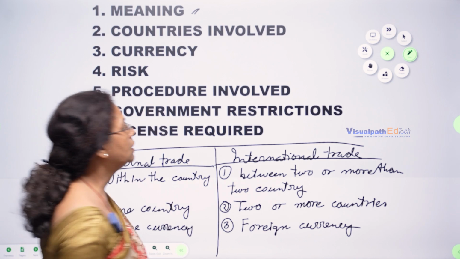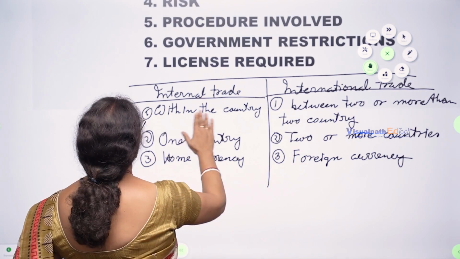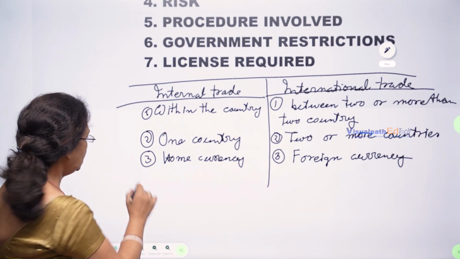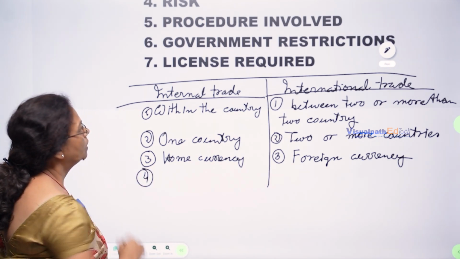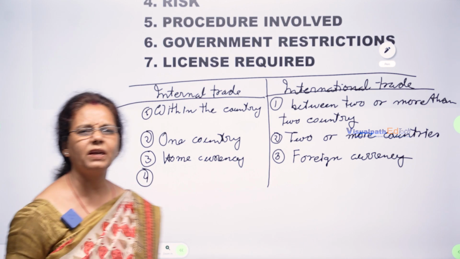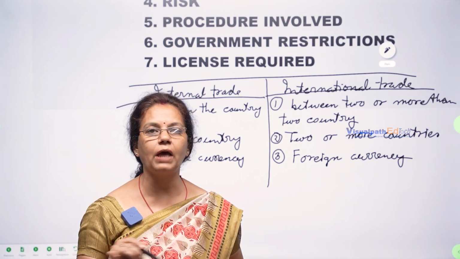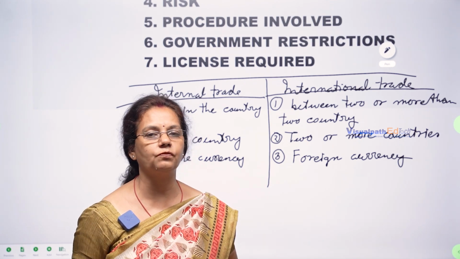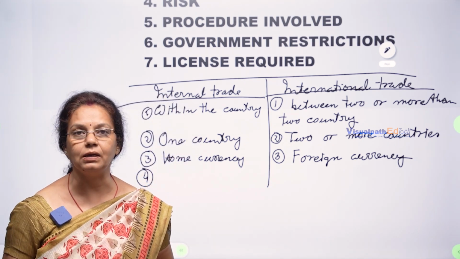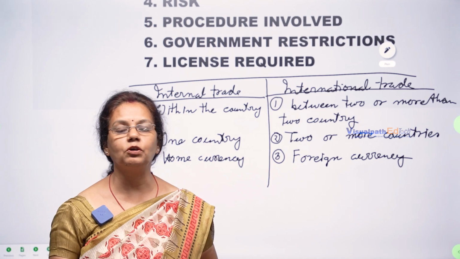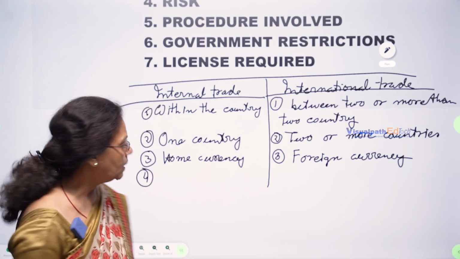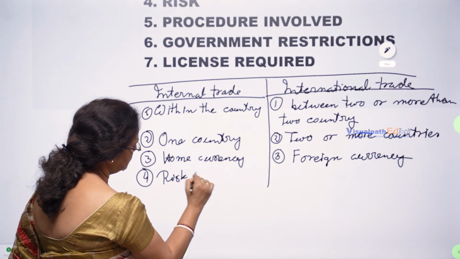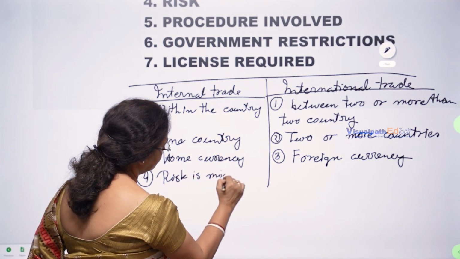This is the third important thing. Next, risk. In case of internal trade, the risk is very less because within the country we have to send the goods. All means of transportation are available very easily at a cheaper rate, as the currency is also the same. So risk is minimum.